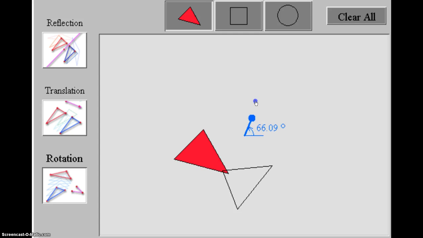There it is at a rotation of, let's go to 90 degrees. Okay, that's about a 90-degree rotation. Then if I go another 90 degrees, that's at 180 degrees, right about there. Then another 90 degrees takes me to 270 degrees. And then another 90 degrees takes me back to the image, a total of 360 degrees that I've rotated around.